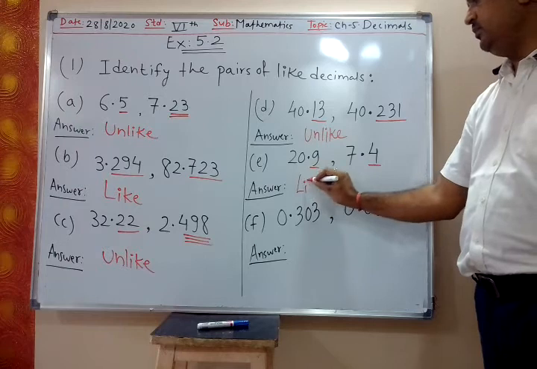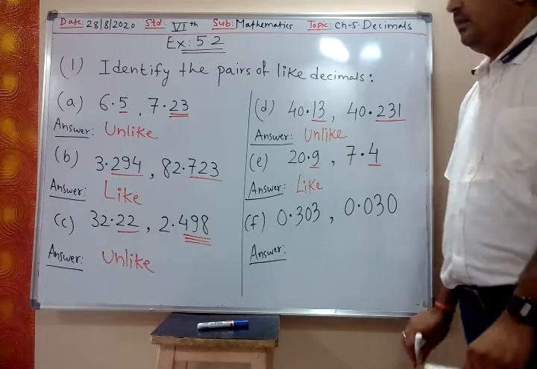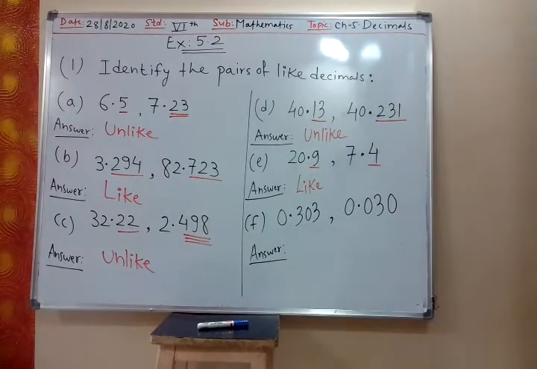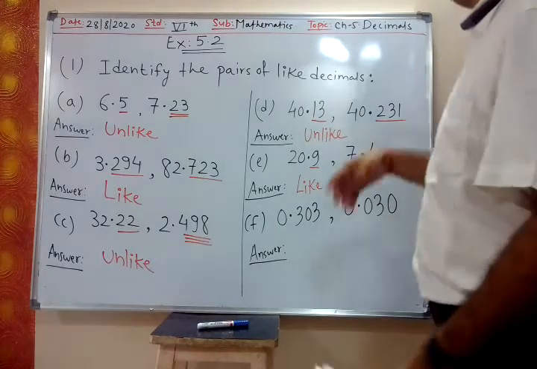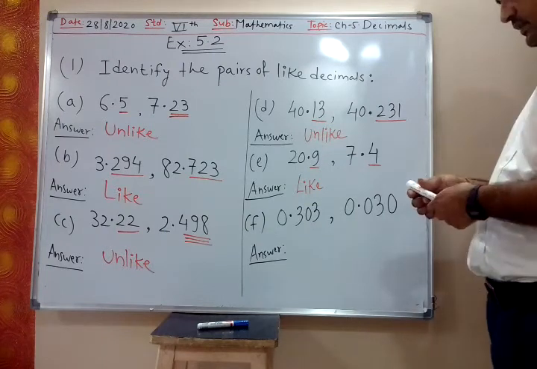Like. So after point or decimal, the number of digits should be same. If the number of digits are same, they are like decimals. If the number of digits are different, they are unlike decimals.